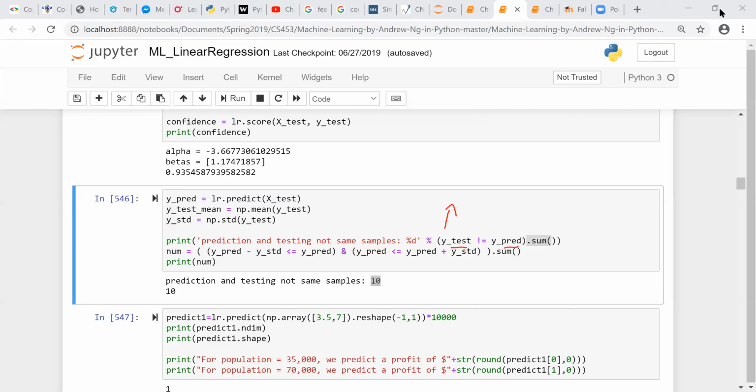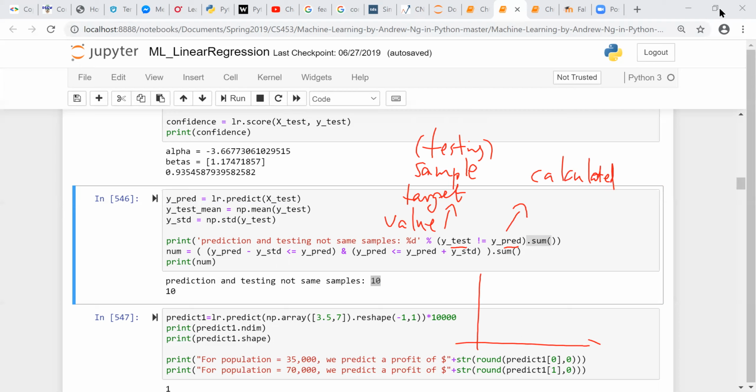So this is a sample target value, but this sample is from testing. And this is what? This is calculated. It's going to be very hard to be exactly the same. Generally speaking, for linear regression, those dots are the samples, and this is your calculated value.